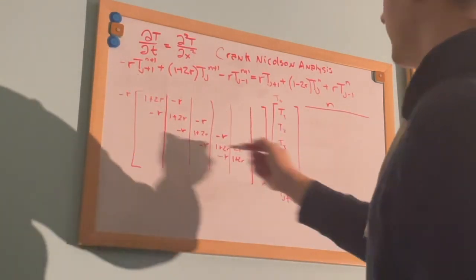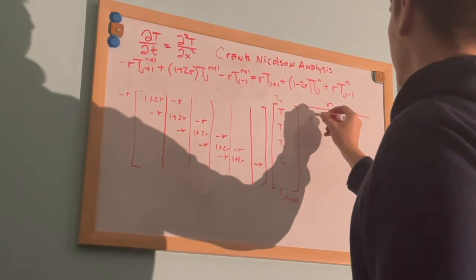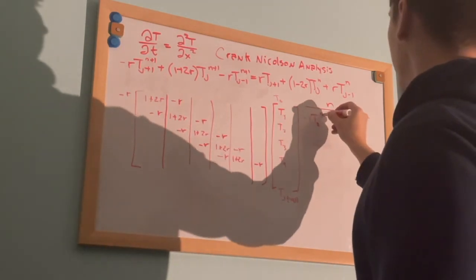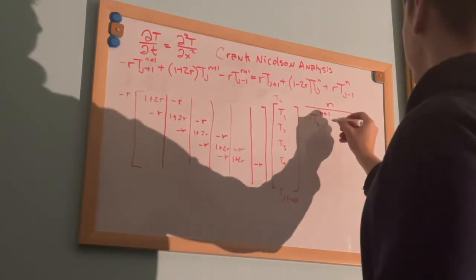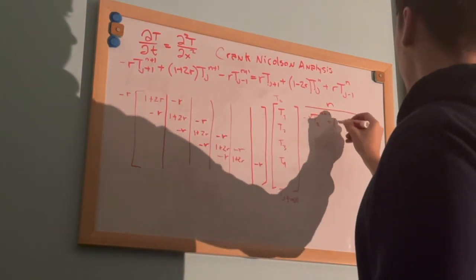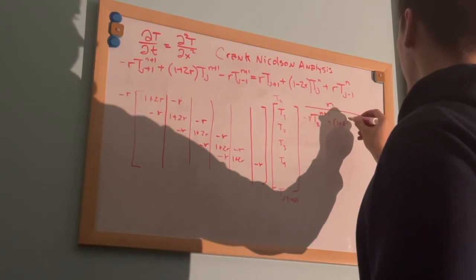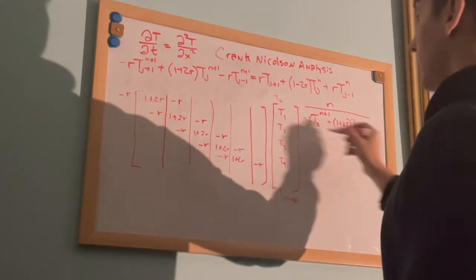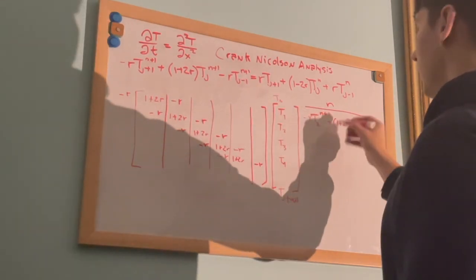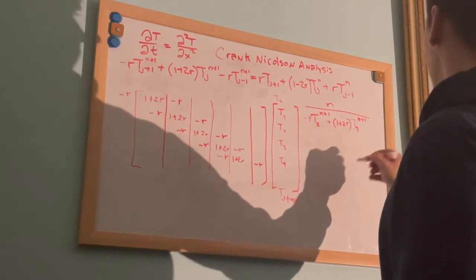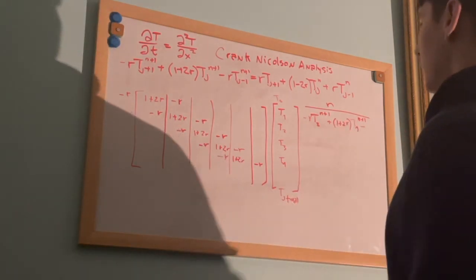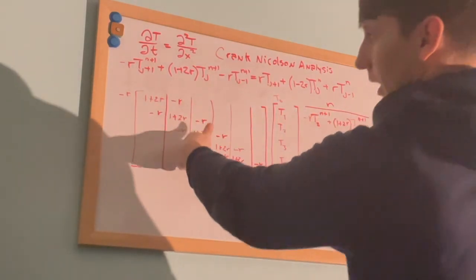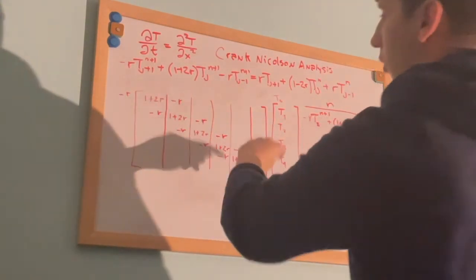So if you had 1 there, it would be negative r tj at 2 plus 1, and then plus 2r, and then this j would be tj at 1 because it's just 1 there, and plus 1, and then minus, this would be 0 because 1 minus 1 is 0, and like I was saying, it's the time before.